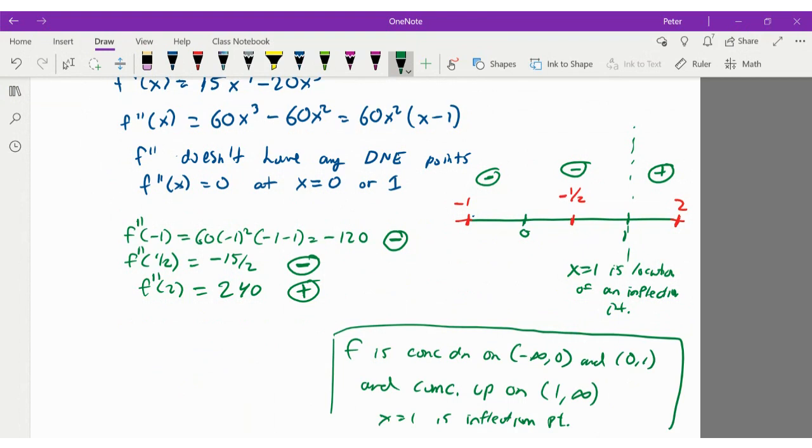That really has nothing to do with whether it's an inflection point or not. The only requirement for an inflection point is that concavity changes across the point. So, had we gotten a function where somehow the second derivative was positive to the left of 0 and negative to the right of 0, or vice versa, then 0 would be an inflection point.